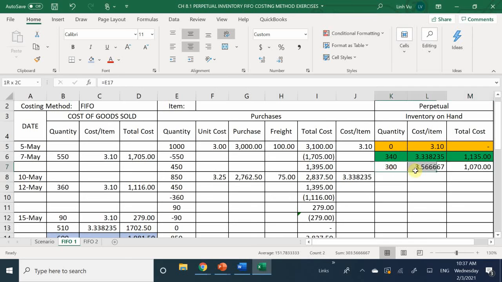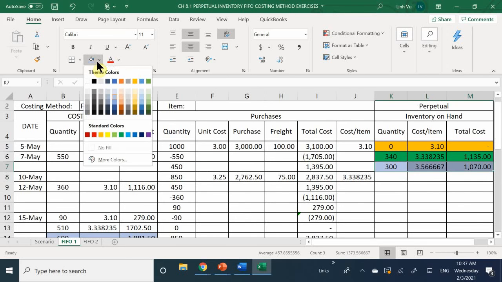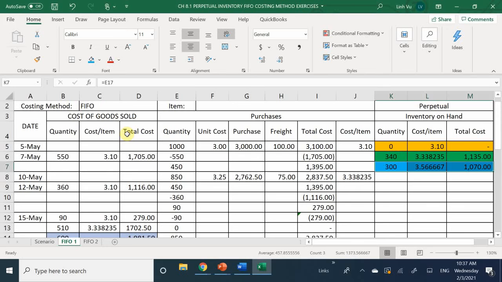Then I'm going to choose a color just to keep myself knowing which batch came first. Now I'm dealing with the green batch, and I have a blue batch.